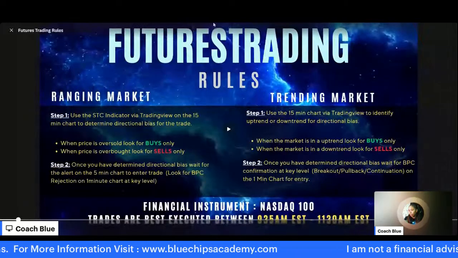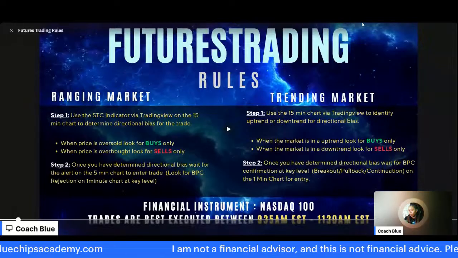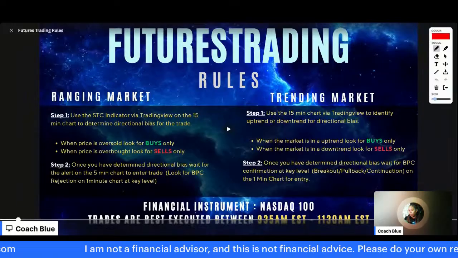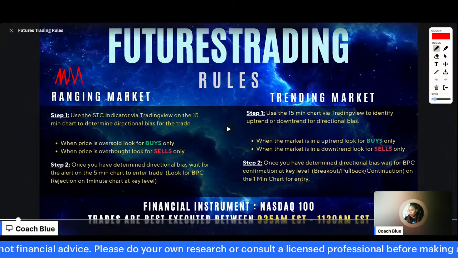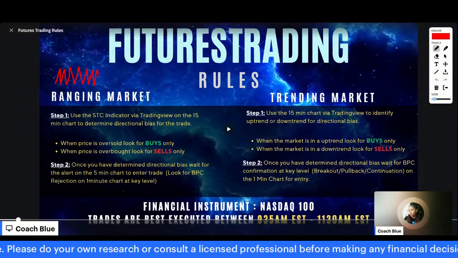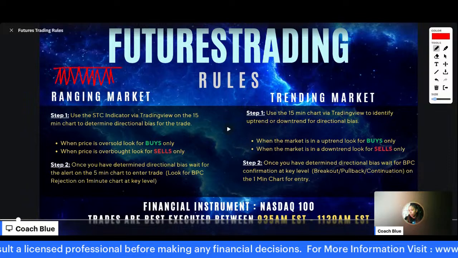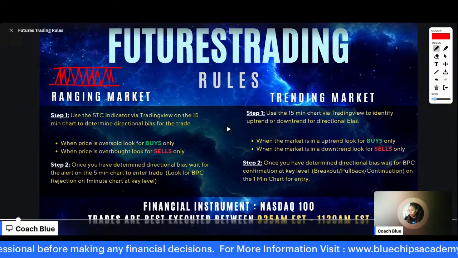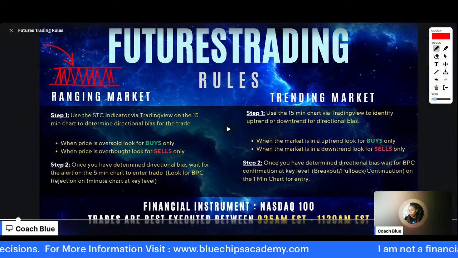The first one we'll talk about is consolidation. With consolidation, you're going to see your candles move back and forth like this. No matter what type of strategy you have, when there's consolidation, it is extremely difficult to be profitable in these conditions.